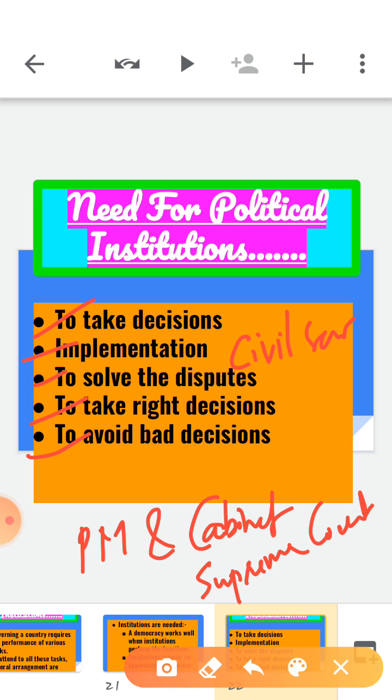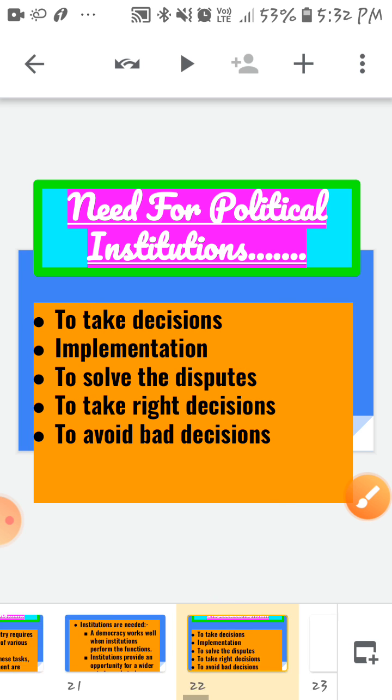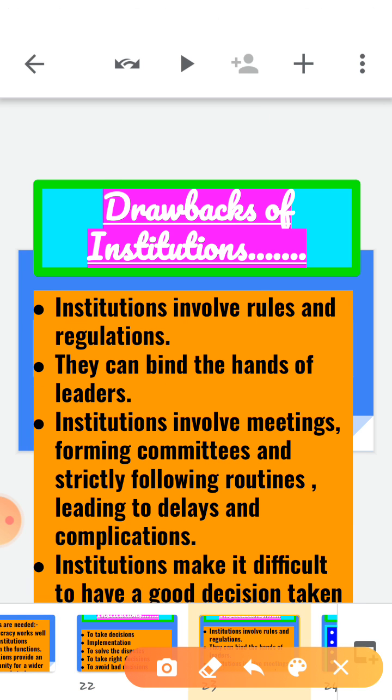These institutions follow a proper procedure to take decisions. Institutions make it difficult to have good decisions taken very quickly, but they also make it equally difficult to rush through a bad decision. Is it clear? Okay.